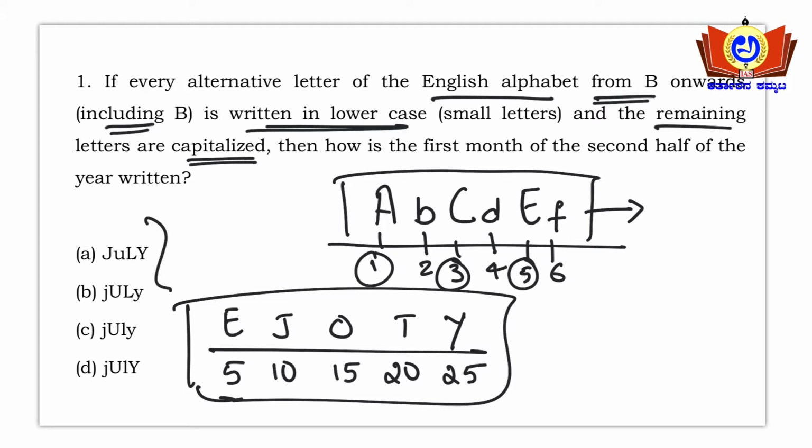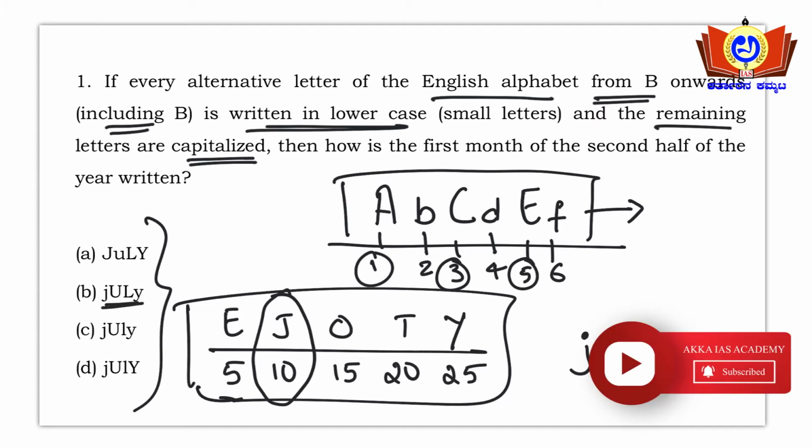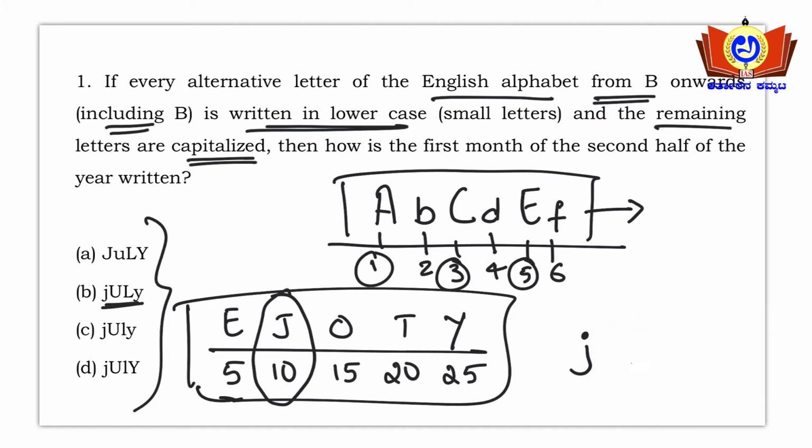We need to find out how July is written. J is the 10th place, an even number letter, so it will be in small case. Then U, which is an odd letter, so it will be in uppercase.